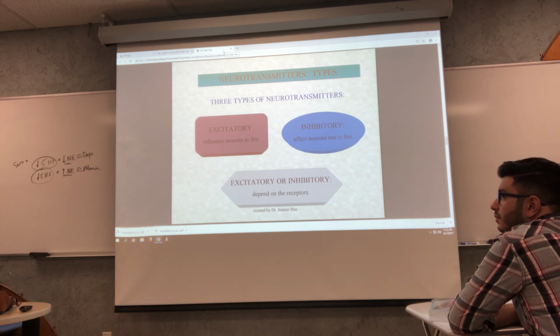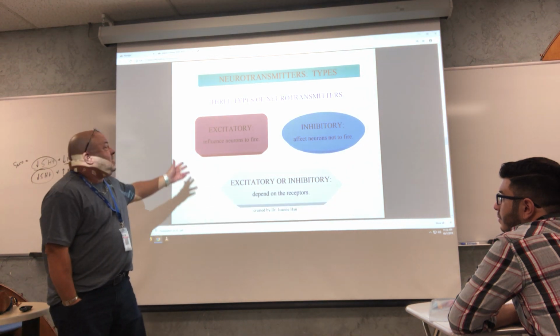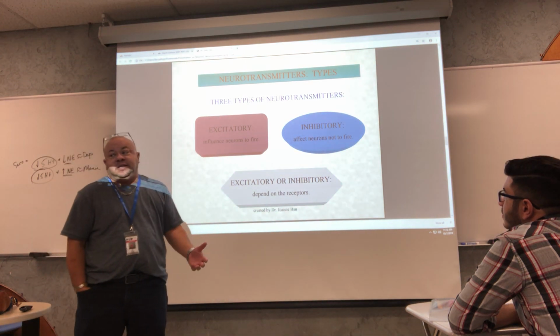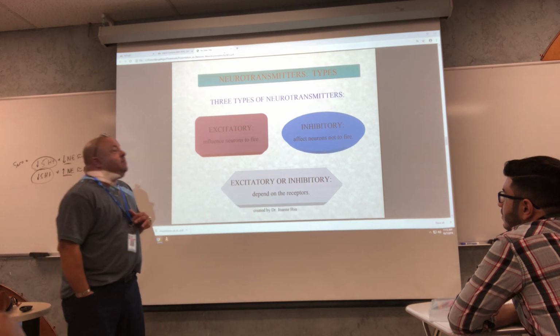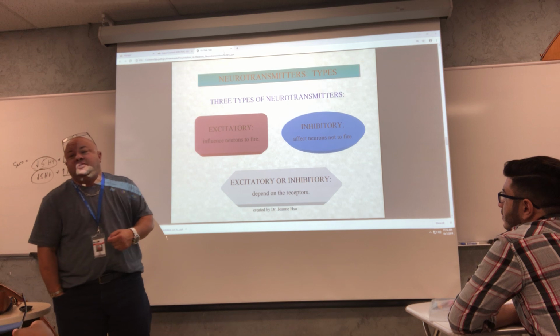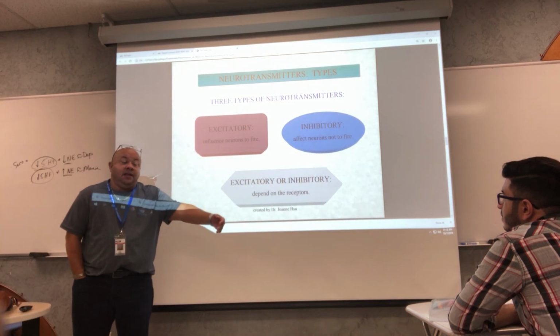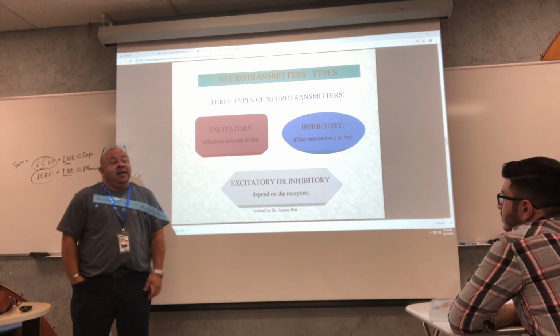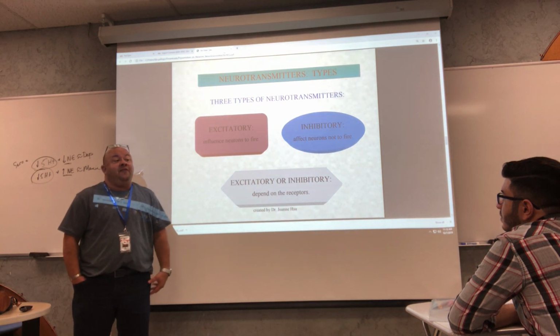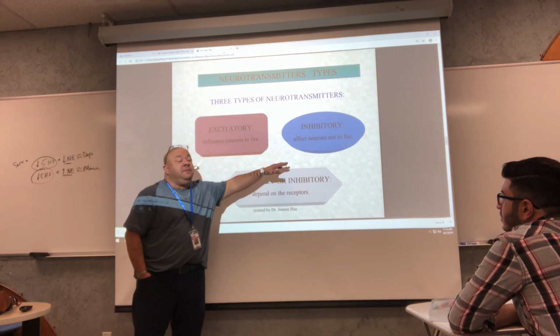All right, so the neurotransmitter types are divided into excitatory and inhibitory, basically. So far we've been talking about excitatory neurotransmitters, which means that when that neurotransmitter fires and gets to the dendrite of the next neuron, it encourages that next neuron to fire. But there are also neurotransmitters that are inhibitory.